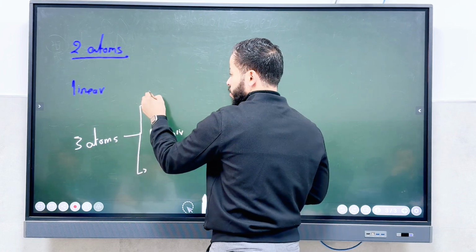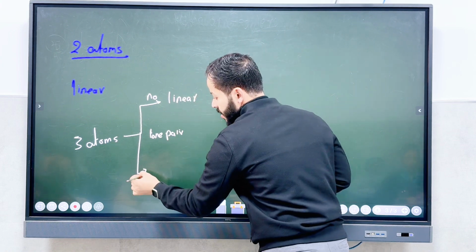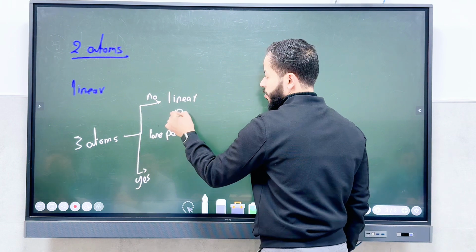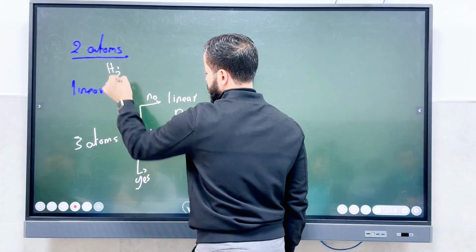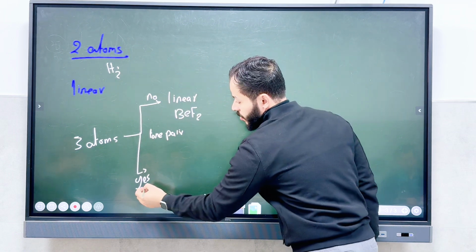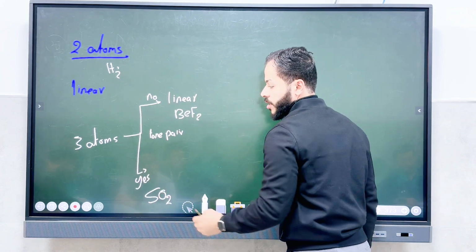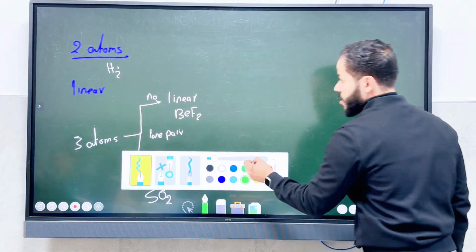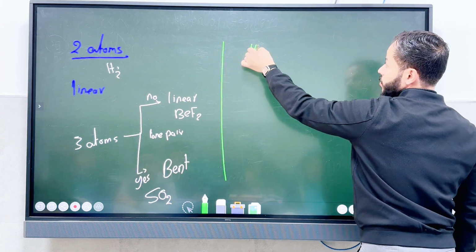If no, it's linear, like the one we took, and two-atom molecules like H2. But if yes, if it has a lone pair like sulfur dioxide, we name this bent.